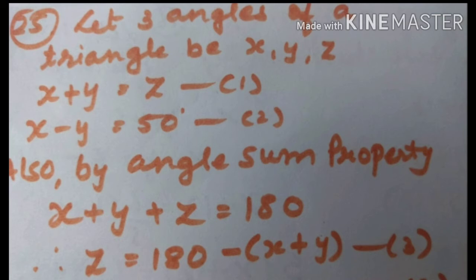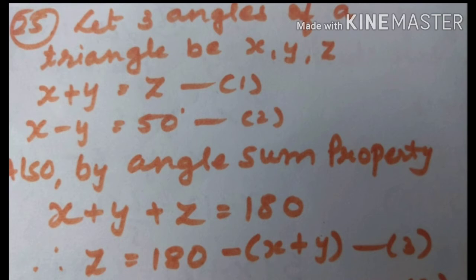So this is our first equation. Then the second condition given is that the difference between them is 50 degrees. So the difference between them means the first and second angle difference, that is x minus y is equal to 50 degrees, which I have noted as our second equation.